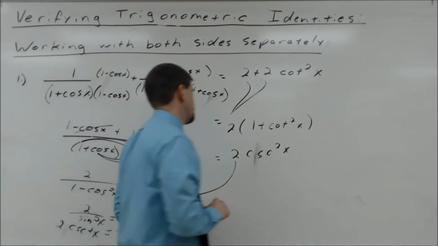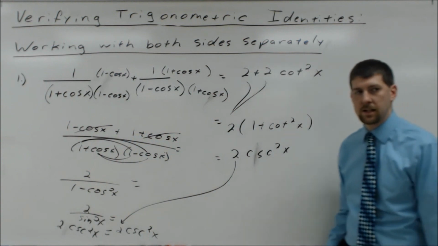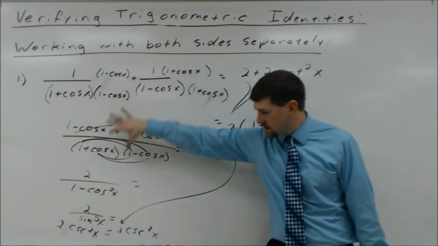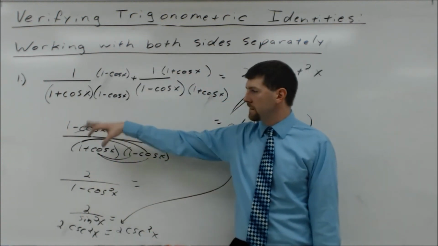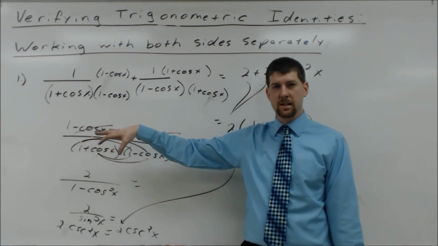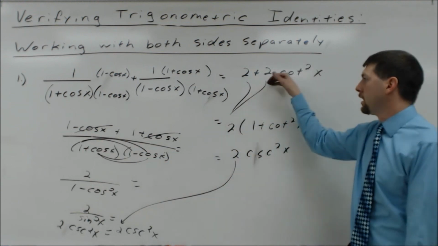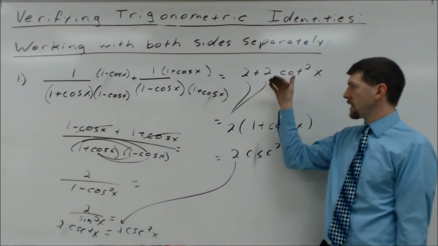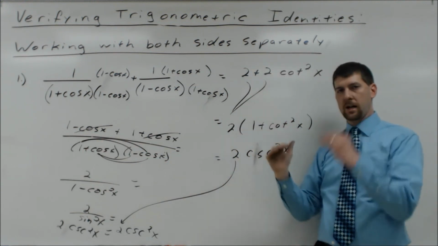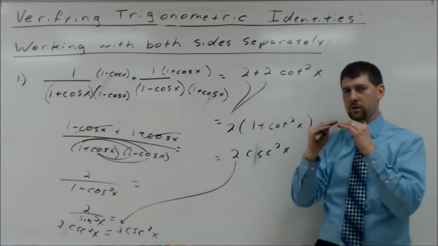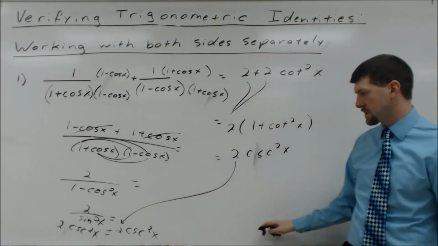So we can see in this example that I can simplify the left-hand side down, get it into something nice and neat. Don't have to go all the way to the end because I don't really know what the end is. Then start working with the right-hand side and see if I can just do a little bit at a time so they start working closer and closer to becoming something that's going to become identical or equivalent.